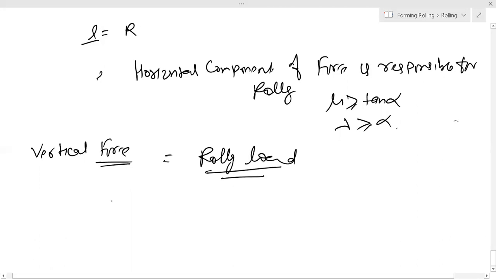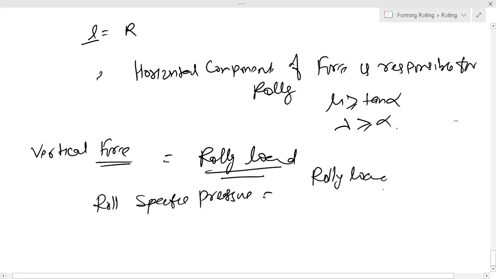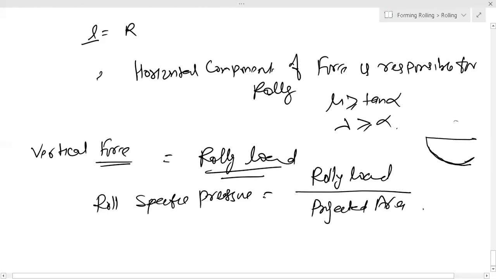One is called roll specific pressure. Roll specific pressure is rolling load divided by projected area. Projected area means this is your deformation zone, and this is your neutral point.